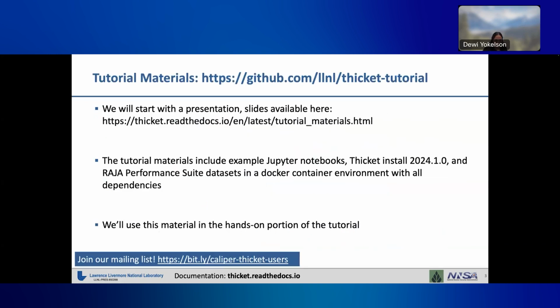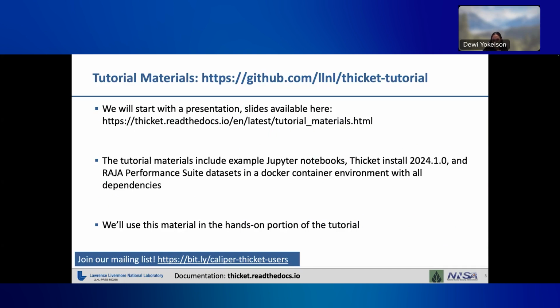I'll be following a similar structure as David as well. So we'll start with a presentation overview of Thicket and a little bit about Hatchet. The slides, if you want to follow along, are available online. If somebody can paste that in the chat, that'd be helpful. And then we will be switching over to a hands-on tutorial. In this case, it's going to be Jupyter Notebooks.